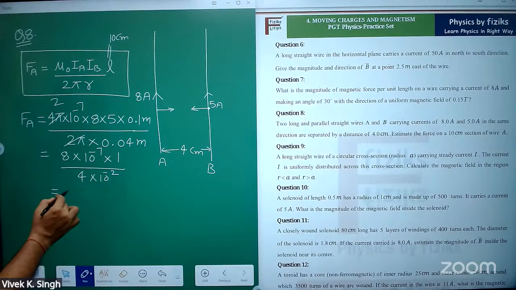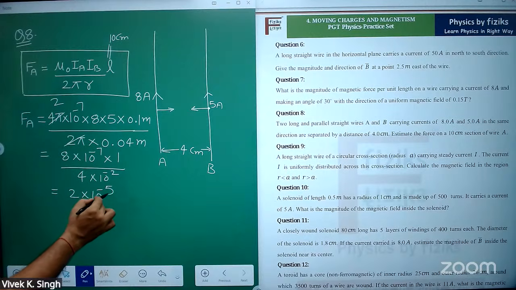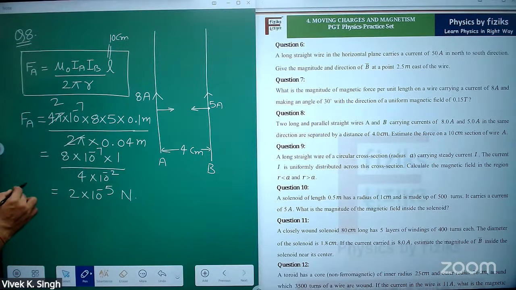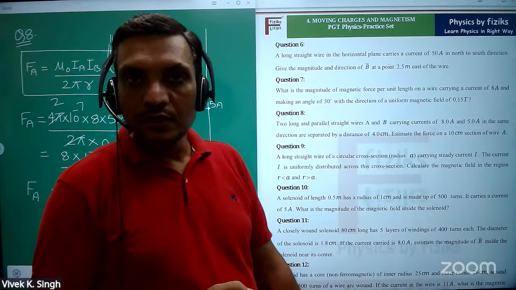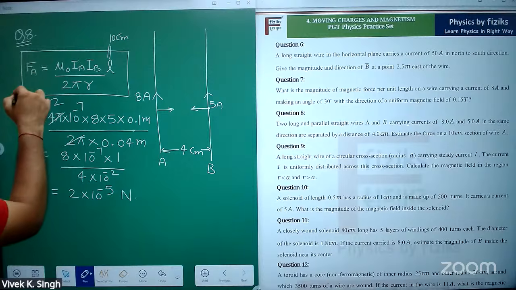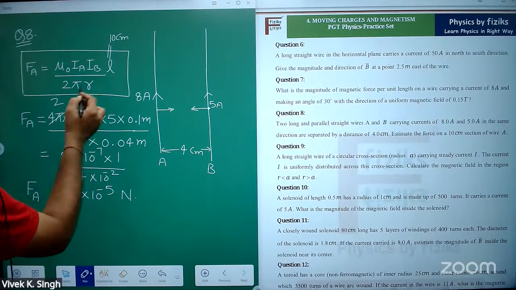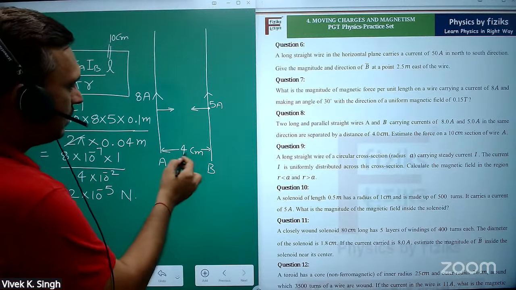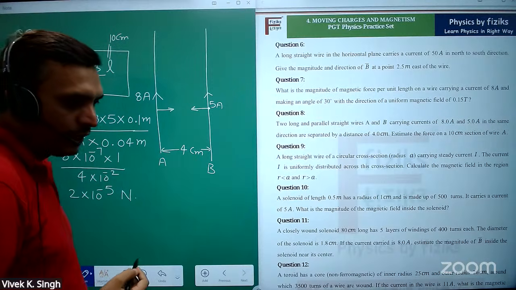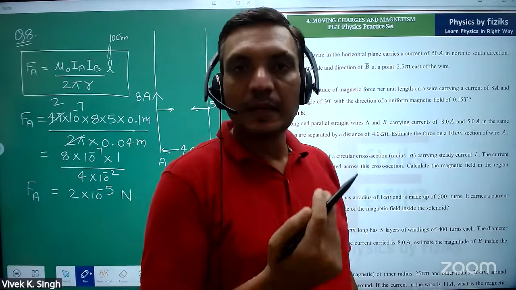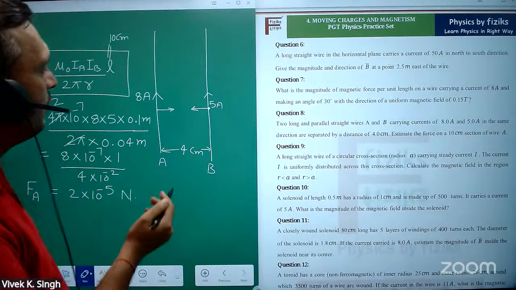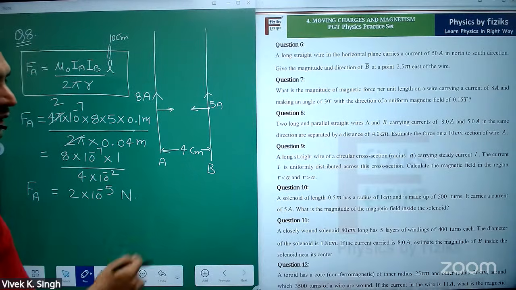So this will be 2 into 10 to power minus 5 Newton. So this is the force. If you have to find force per unit length, then it is mu naught IA IB by 2 pi r. R is the distance between these two wires. When currents are in the same direction, they will attract each other. And when they are in opposite direction, they will repel each other. Clear?